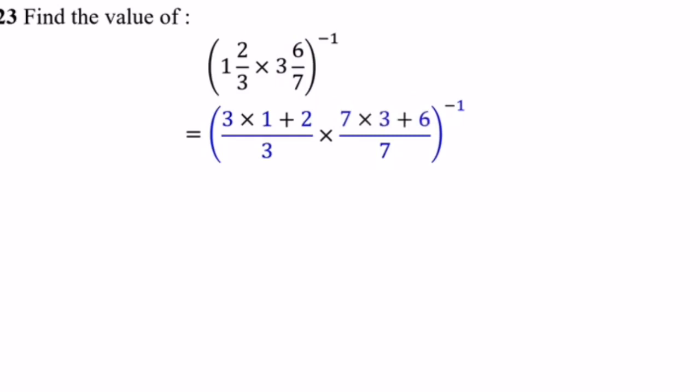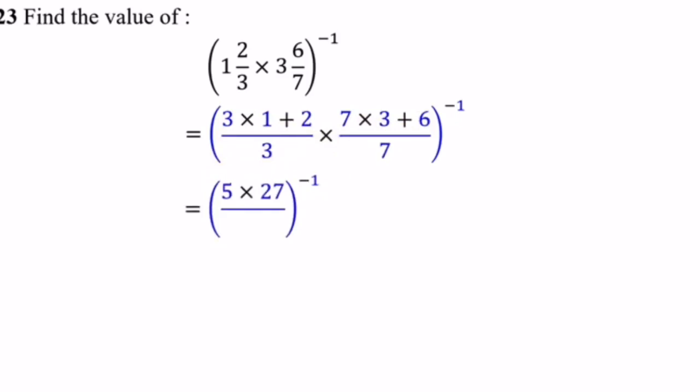I know you like to use a calculator and press to get the answer, but nowadays we encourage you to use our brain calculator. So we have 5, 3 plus 2 is 5, right? And then we have the 7 times 3, 21, isn't it? 21 plus 6. So we want to simplify. It will become 5 times 27.